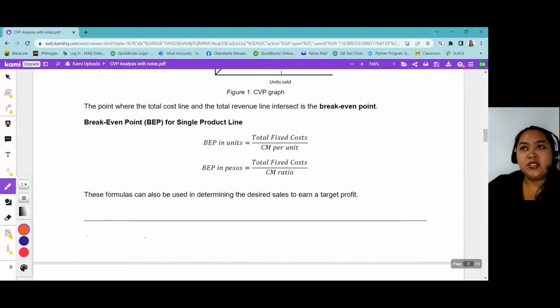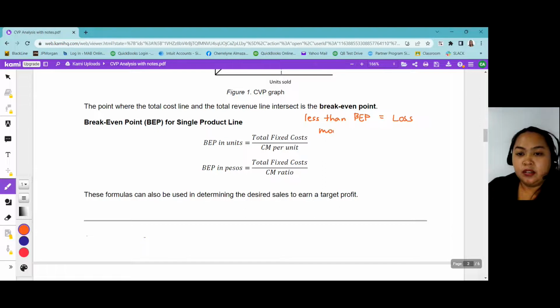Okay? Producing less than the break-even point in units will lead you to a loss. But producing more than your break-even point in units will give you profit. Okay? So kapag less than break-even point, ang na-generate mo, that will be equal to a loss. Okay?